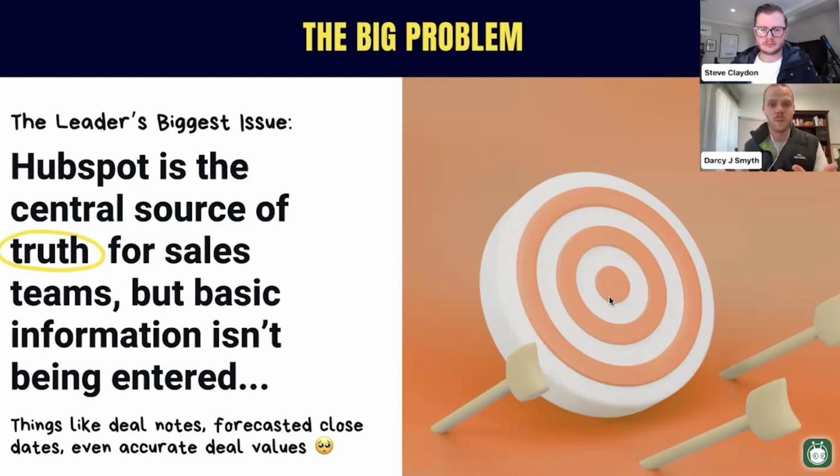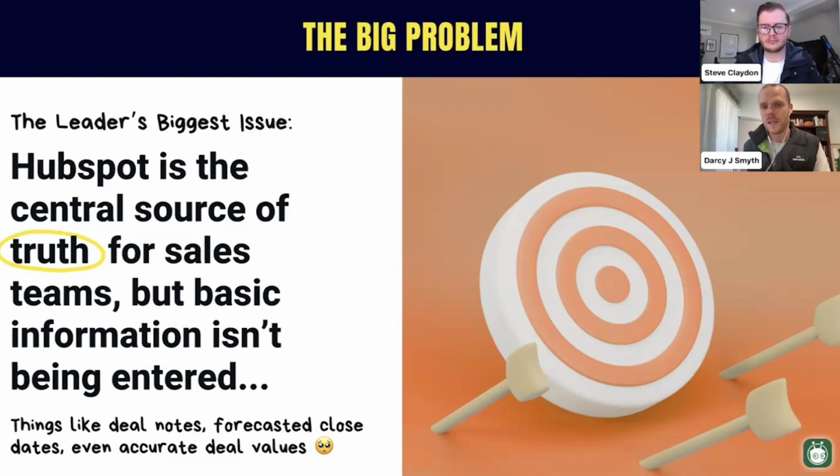But the biggest problem is we can't even get some of these basic fundamentals taken care of. So what we like to say is that if the CRM is the beating pulse of a sales team, then the healthier you keep that pulse, the better you treat that heart, the better the whole body is going to be served. The way we treat the heart well is we take care of the most basic information being implemented.